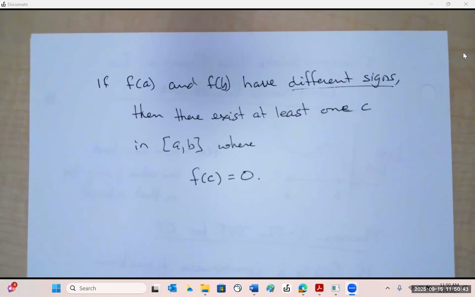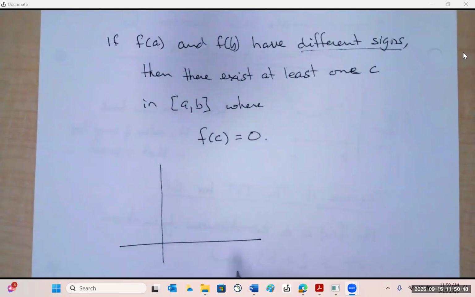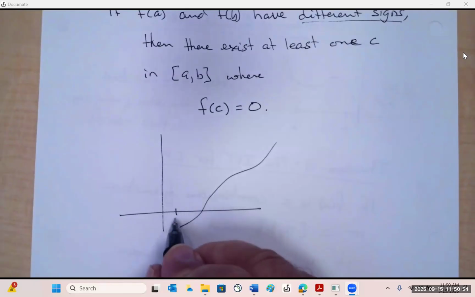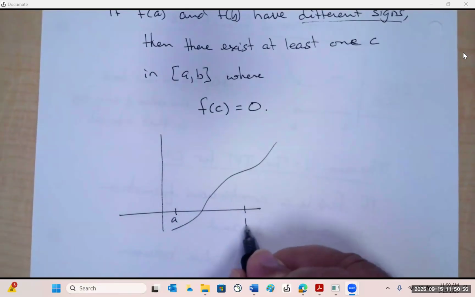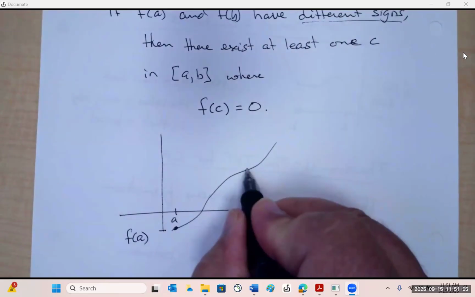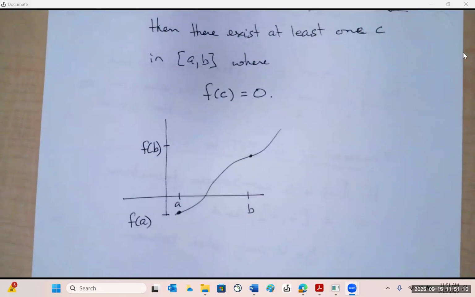Can everybody picture that? Here's A, here's B. F of A, F of B. Do they have different signs?